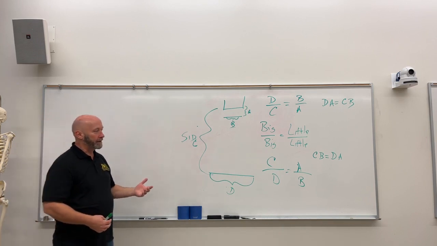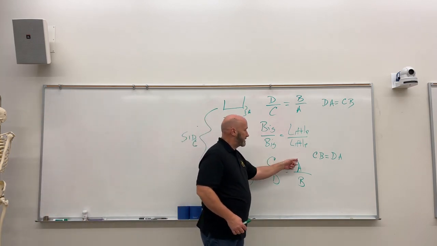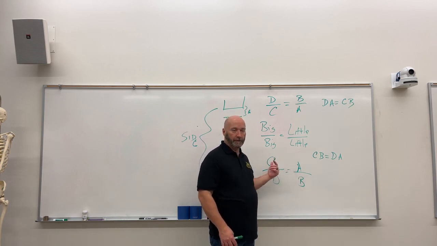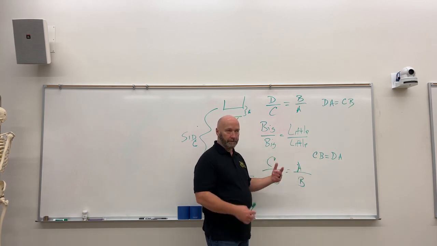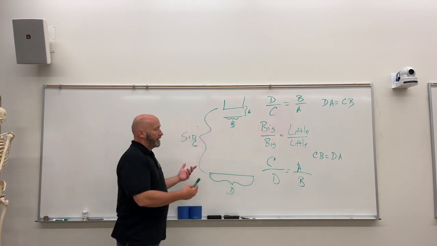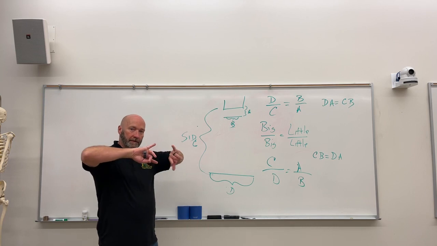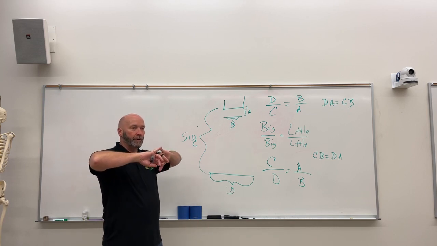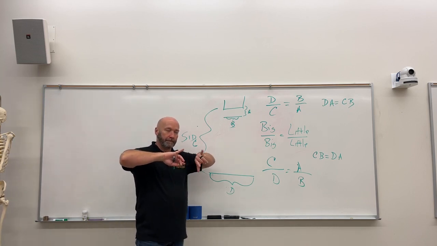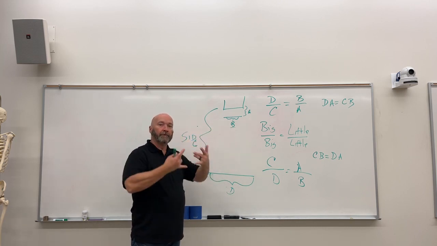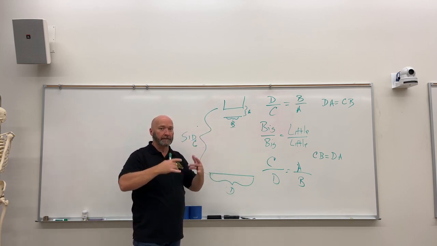So you've got 4 factors, this is to this as this is to this. 2 things over 2 things are equal to 2 other things. It doesn't really matter how you set them up as long as you keep the ratios proper. So you keep the things that you're comparing directly across from each other. You can flip the entire thing, but you've got to flip the entire thing.